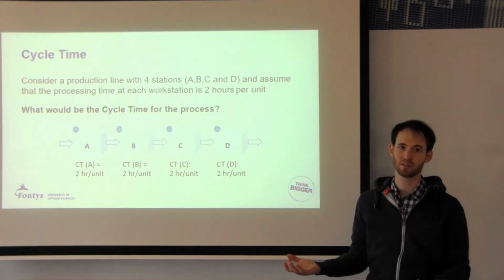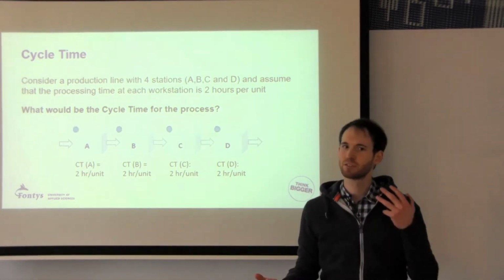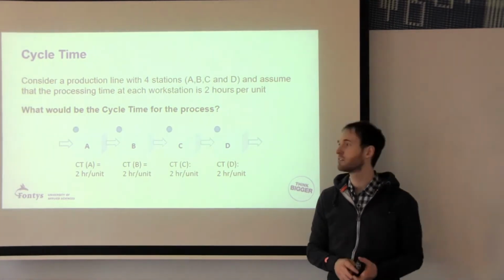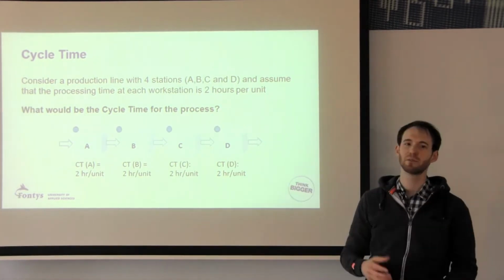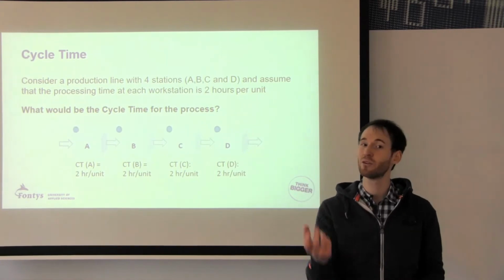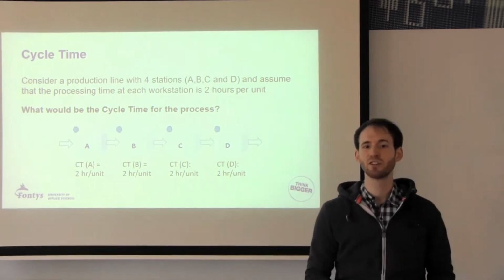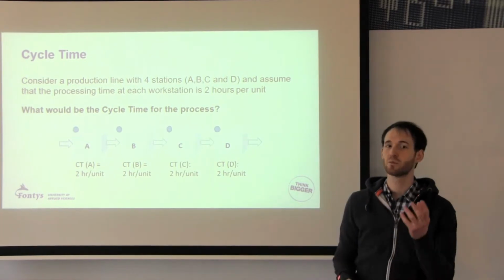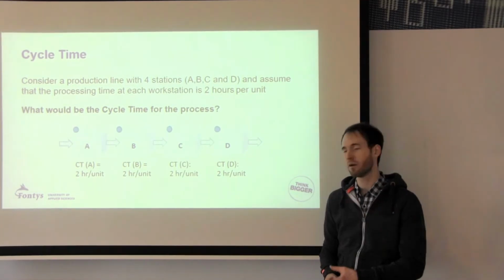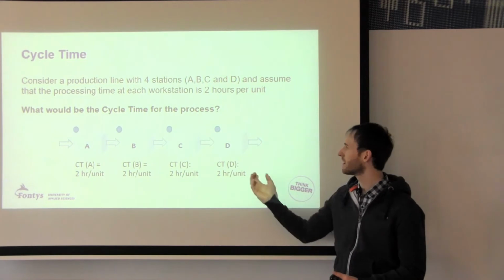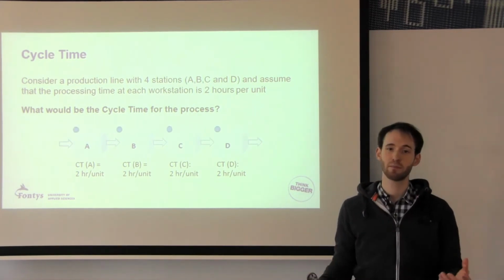Well, it's 2 hours. So sometimes it's very tempting to say it's 8 hours, but that's not the case because every 2 hours we can pick a new item. And that's what is meant with cycle time. So it's 1 item per 2 hours basically that we get out of the process here.